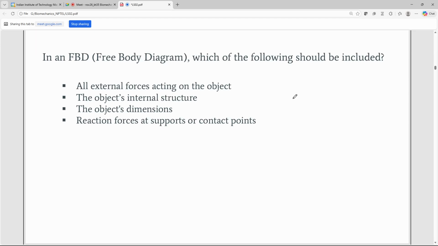Try to answer the question. What all will be there in a free body diagram?